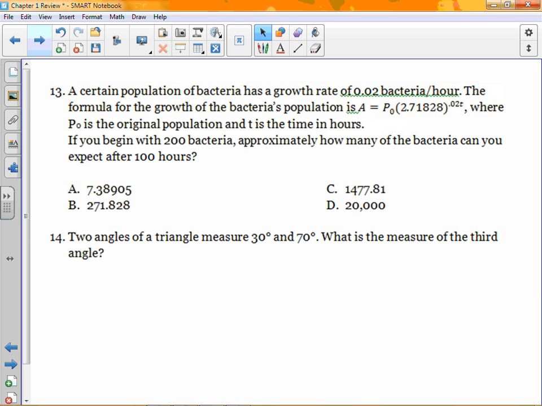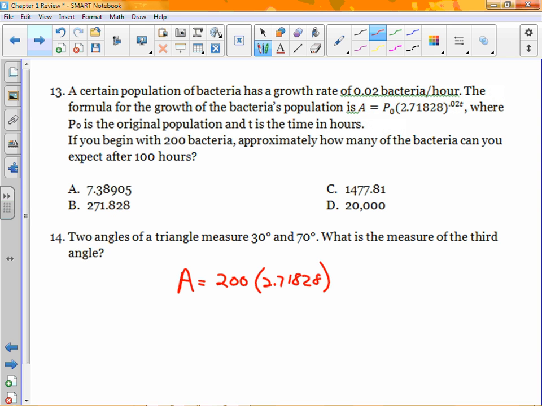If you begin with 200 bacteria, so if my beginning point is 200, it should be just a matter of substitution, plugging it in. Here's what I want to make sure you know. How many do you start out with?